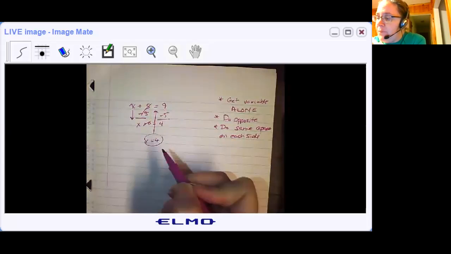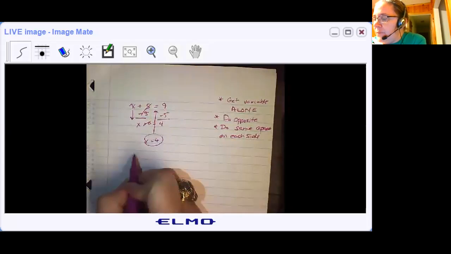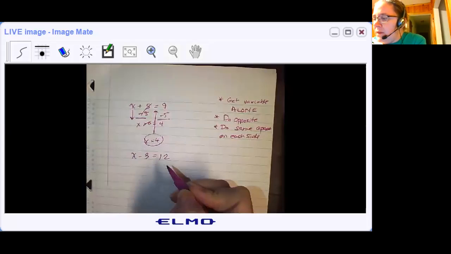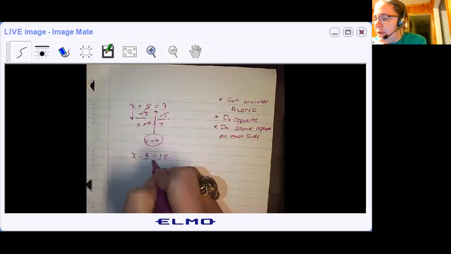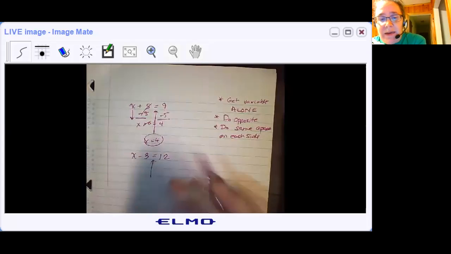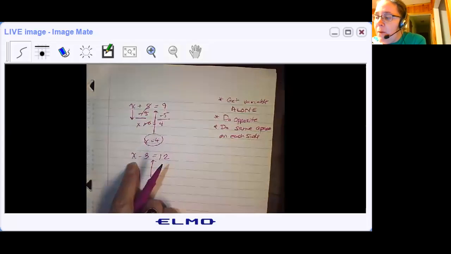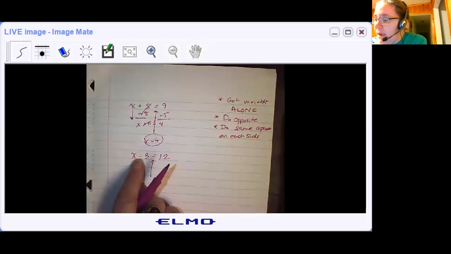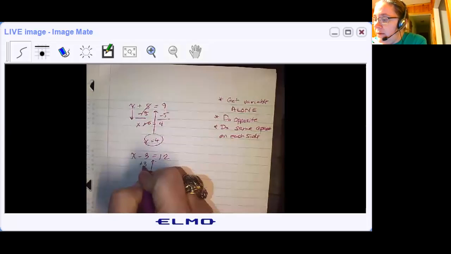That's not bad. If I had x minus 3 equals 12, I'm going to follow the same procedure, but let's look at that opposite operation thing. I want this x by itself. What is the opposite of subtracting 3? Well, the opposite of subtracting 3 is adding 3.